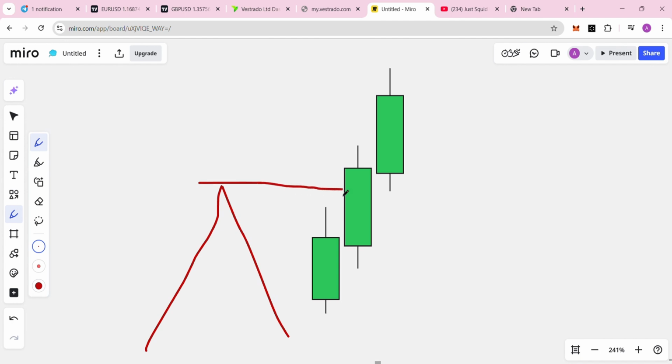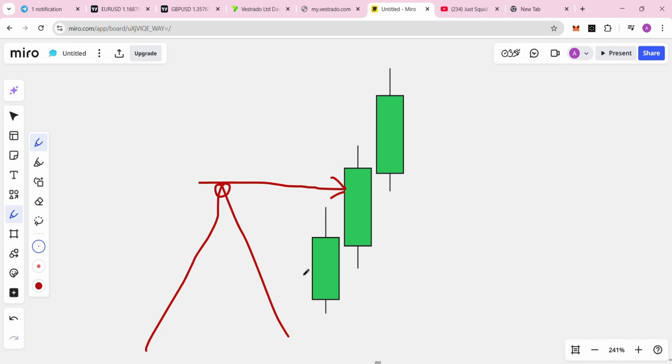And this is our break of structure. What makes this a break of structure is the closure above the previous high, you understand? And this previous high is broken with a body, not just a wick, you understand?